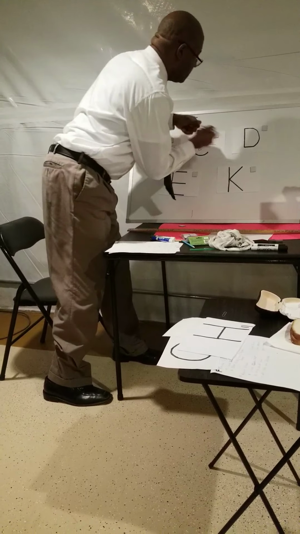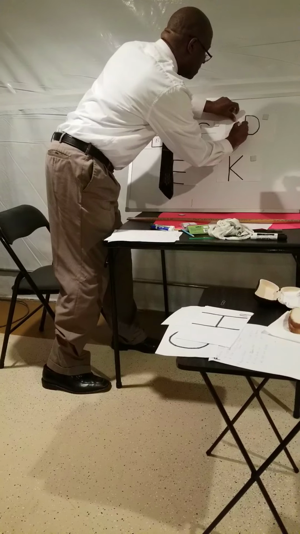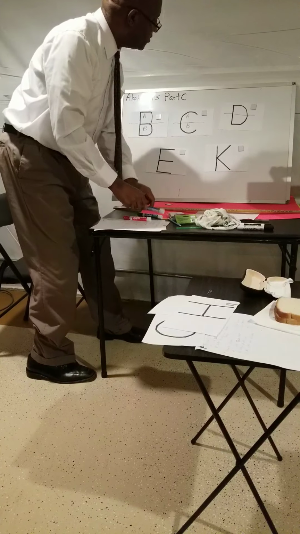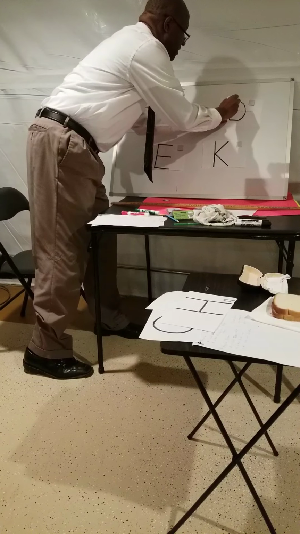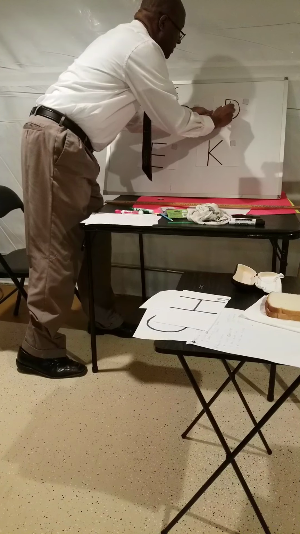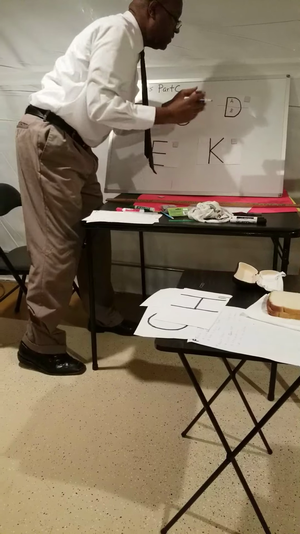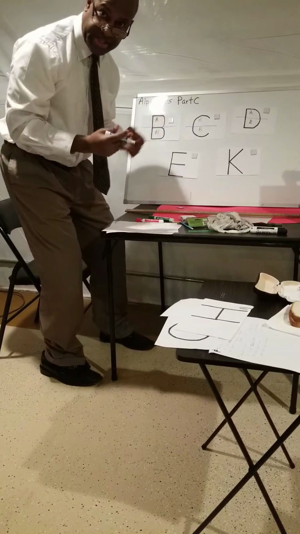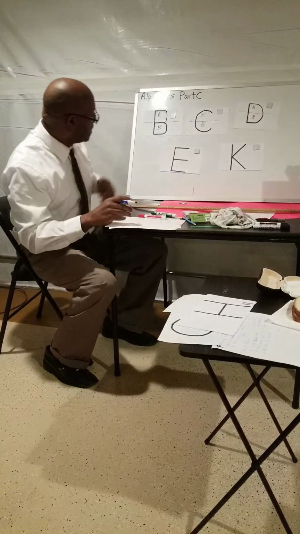Capital letter D. The red line is your line of symmetry. If you fold this capital D, part A and B, when you fold it, they too become line symmetric, meaning the same exact shape.